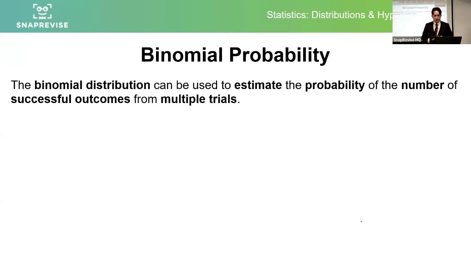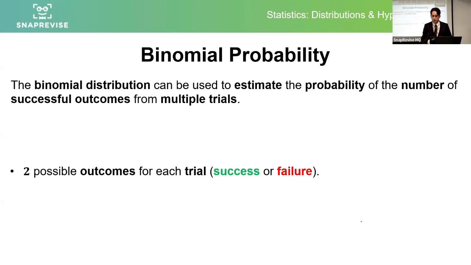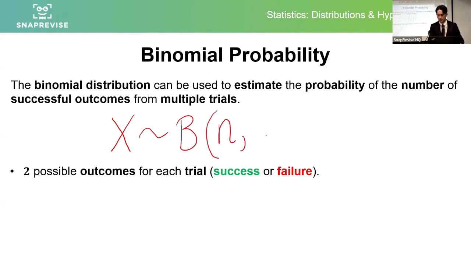So the binomial distribution is basically used to estimate the probability of the number of successful outcomes in multiple trials. The reason this is an extension of tree diagrams from GCSE is that you don't want to draw a 10-branched tree diagram. You just want to understand the process. The notation we use is that X, the random variable, follows the binomial distribution with N, the number of trials in total, and P, the probability of success of each trial.